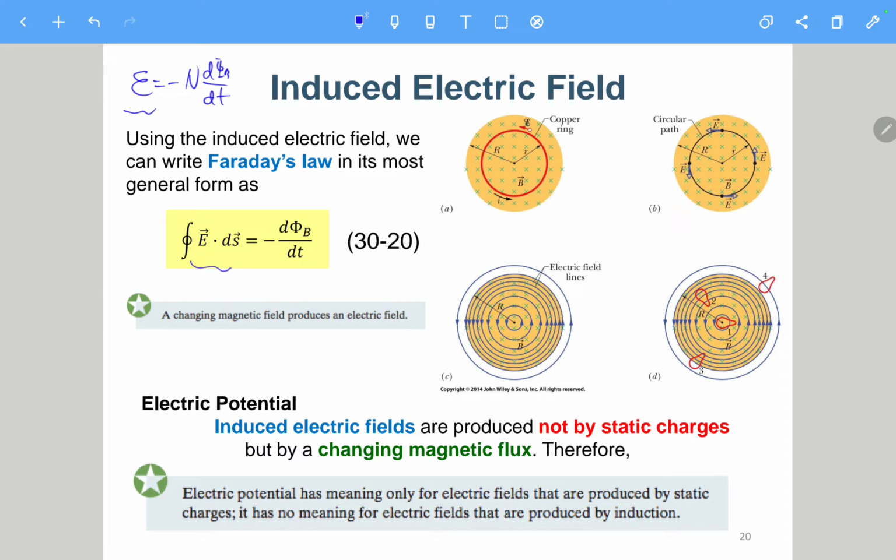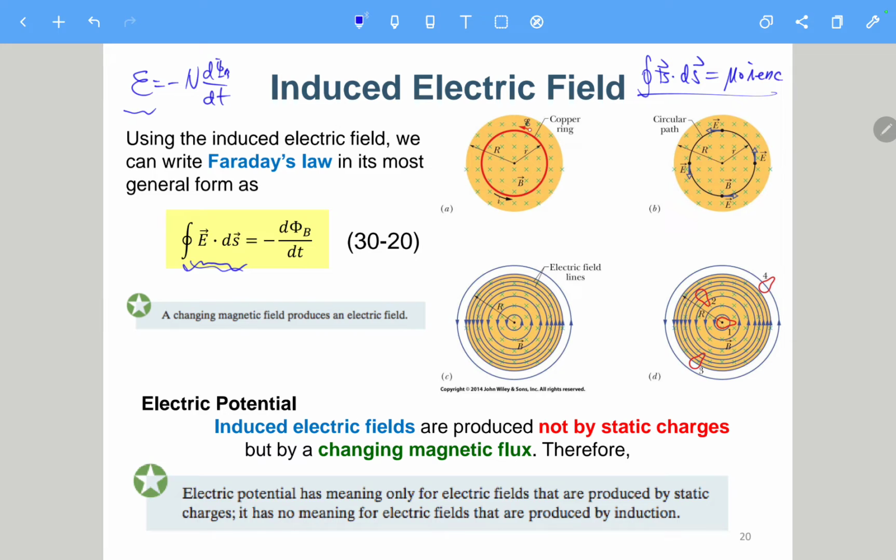This is a line integral similar to Ampere's law. For Ampere's law, it looks like this: integration of B dot ds equals mu times I enclosed, in chapter 29, if you still remember. For this case, we have this expression, integration of E dot ds equals negative d phi B dt.